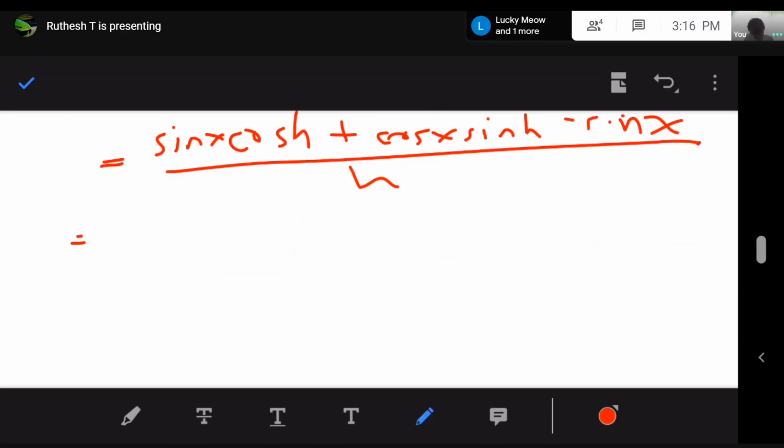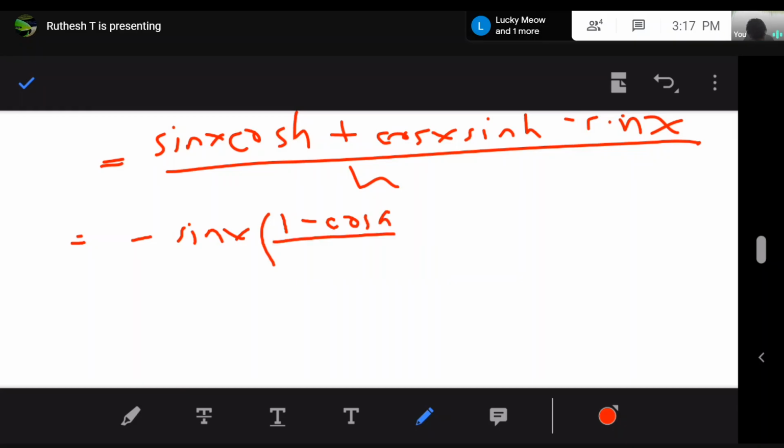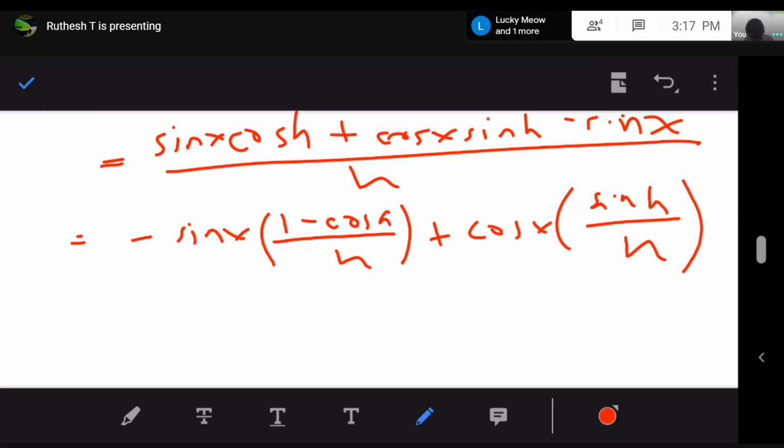And using this, you can factor out a negative sine x from this term and this term here, and you're left with negative sine x times 1 minus cosine h over h plus cosine x sine h over h. These are both limit as h approaches 0.